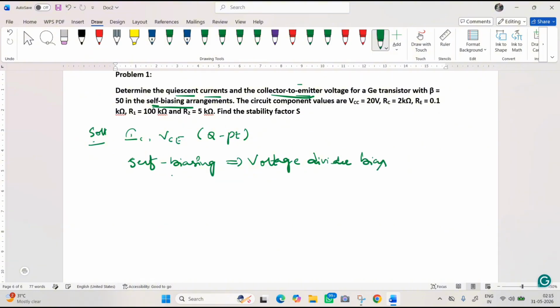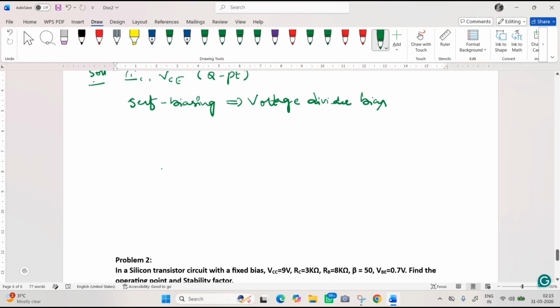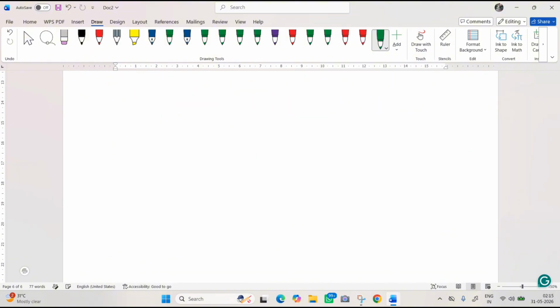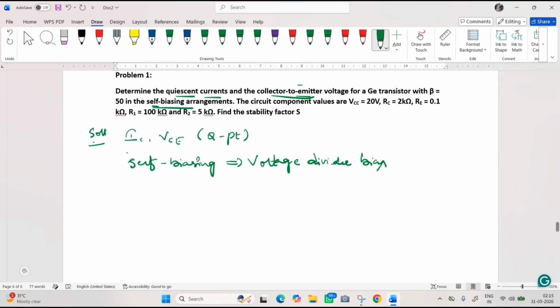First of all, we have to draw the circuit diagram. How to draw this circuit diagram? We already know this, right? We have to draw the circuit diagram for voltage divider bias. So here, let me draw the circuit diagram.